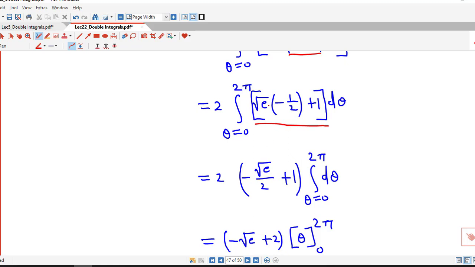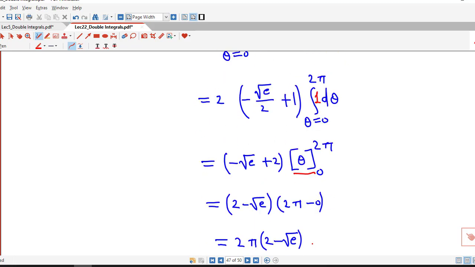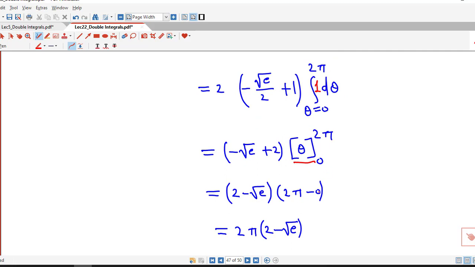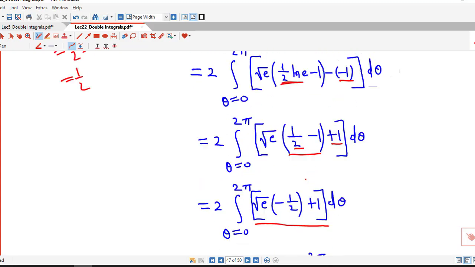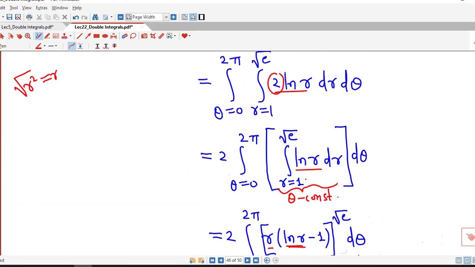So this we have rewritten as minus square root of e divided by 2 plus 1, then integral of 1 with respect to theta, which is theta, and limits of theta are from 0 to 2 pi. So we have 2 pi minus 0, which is multiplied with this. So this is the value of double integral over this annular region.